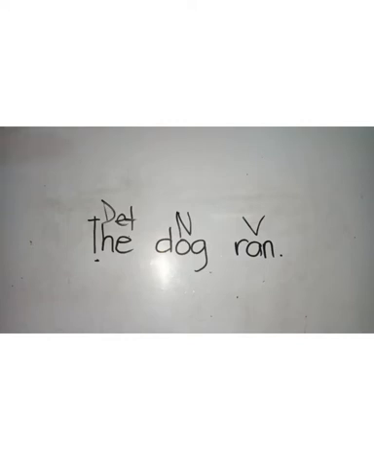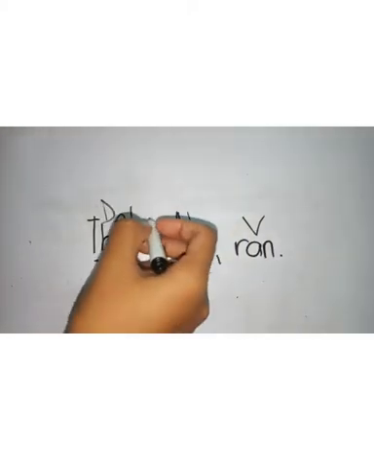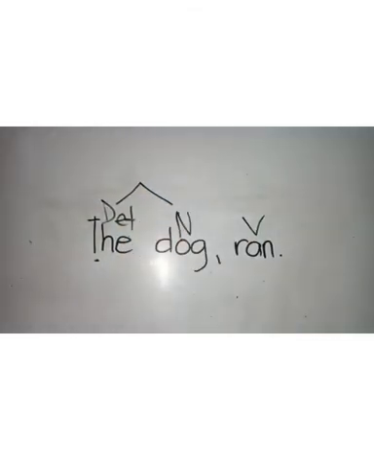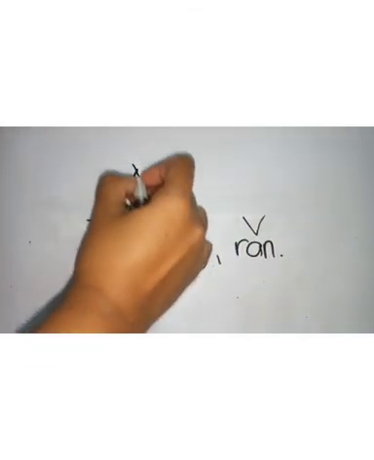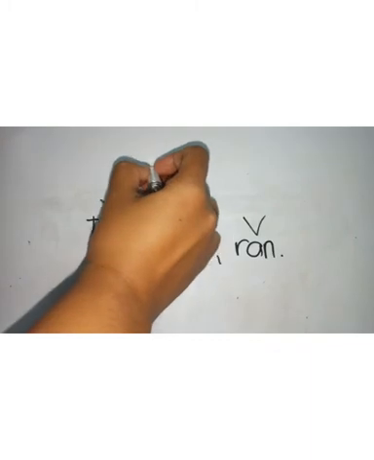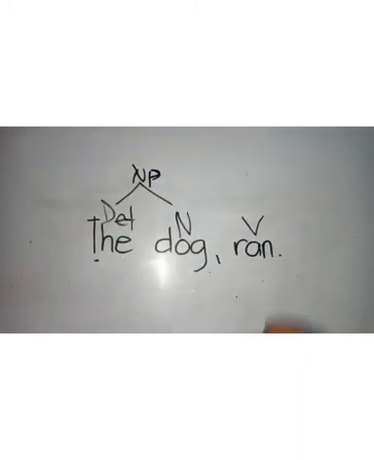Okay, now let's divide which part is the subject and which part is the predicate. So this is our subject here and this is our predicate here. So let's label the phrases. Okay, so determiner plus noun is the NP. So what about the verb phrase?